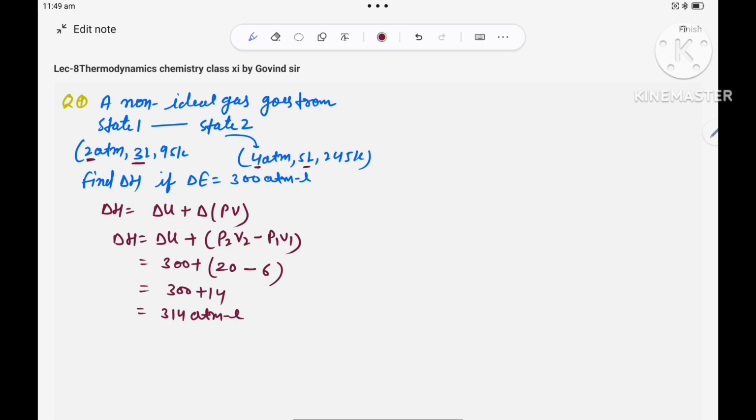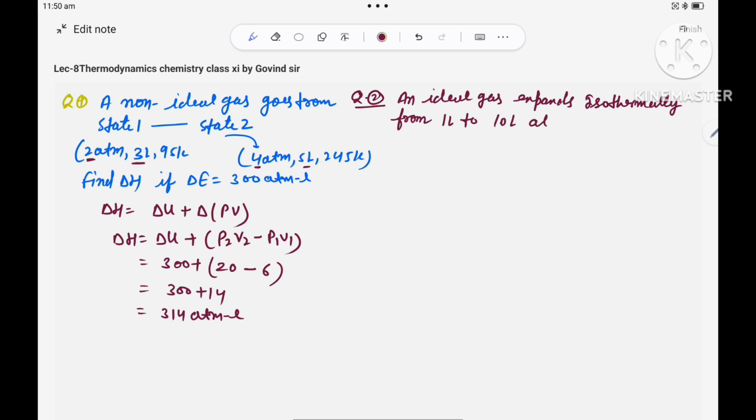Question number 2. An ideal gas expands isothermally from 1 liter to 10 liter at 25 degrees Celsius.